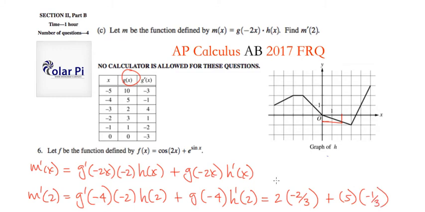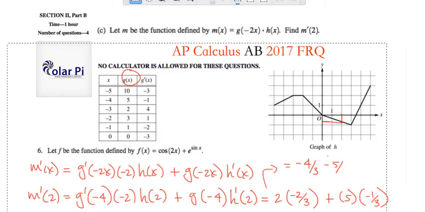Okay, there we are. So now this is going to turn out to be negative 4/3, and then minus 5/3, which is negative 9/3, also known as negative 3. So that's my final answer. So that's m prime of 2, and that's it for this part.